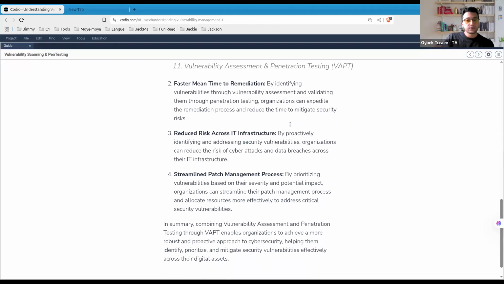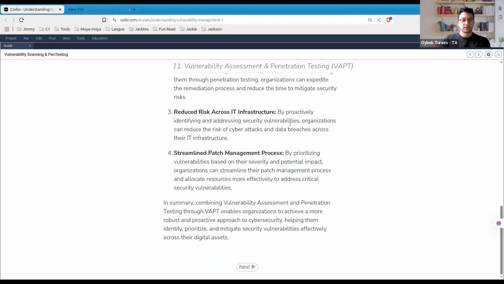Then we have reduced risk across IT infrastructure, of course. Why? Because vulnerability scanning shows us the problems, and penetration testing helps solve the problems by showing us how the attacker could exploit them. Then a streamlined patch management process.